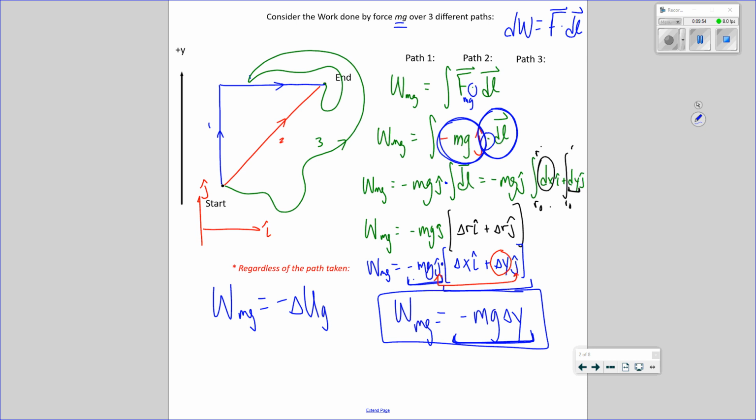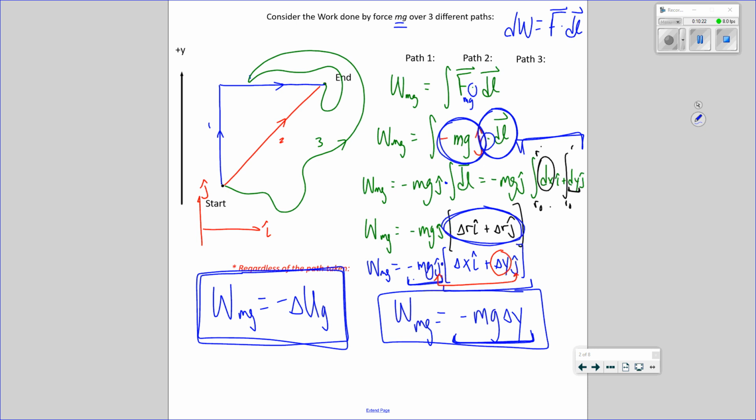The integral of dl is that for every path taken. There have to be some change in x position and some change in y position. The integral of all those is this, no matter what, regardless of path taken. So regardless of path taken, the work done by this gravitational force is equivalent to the decrease in potential energy of the system.